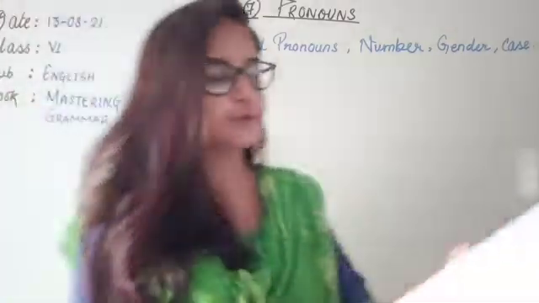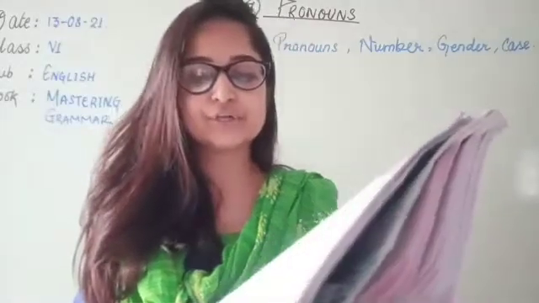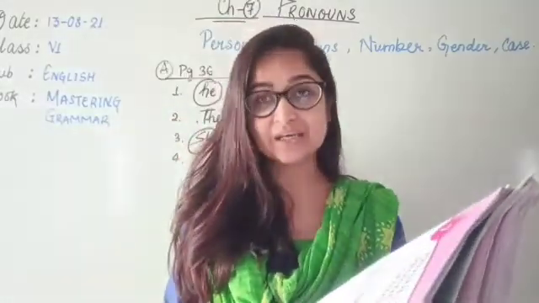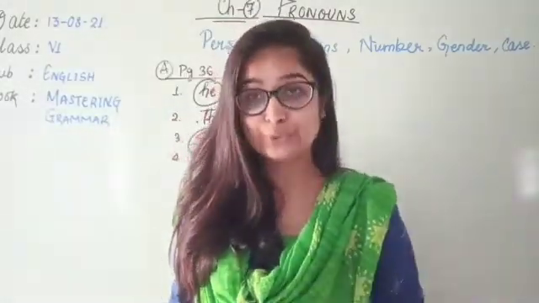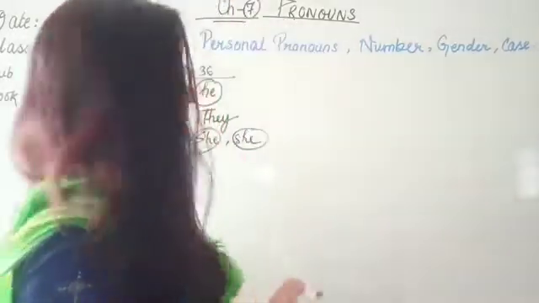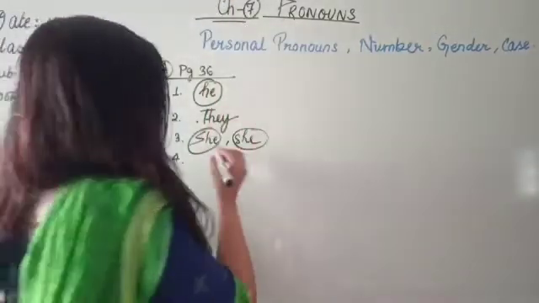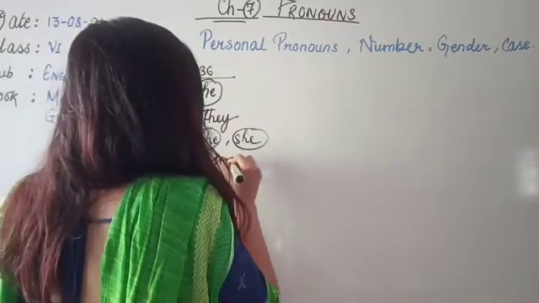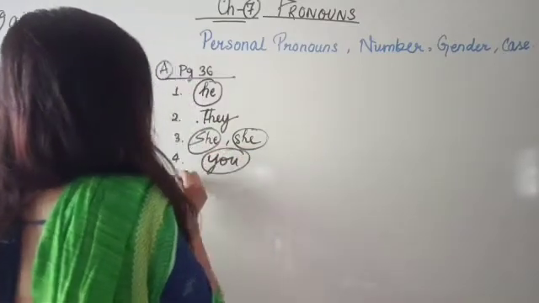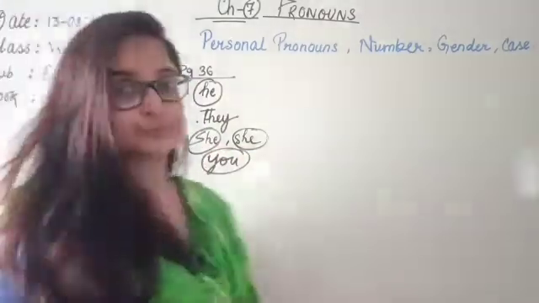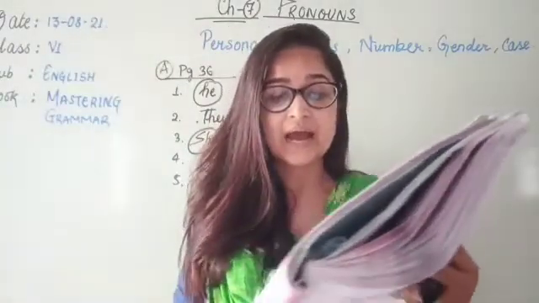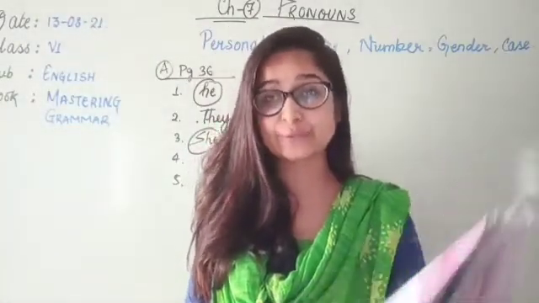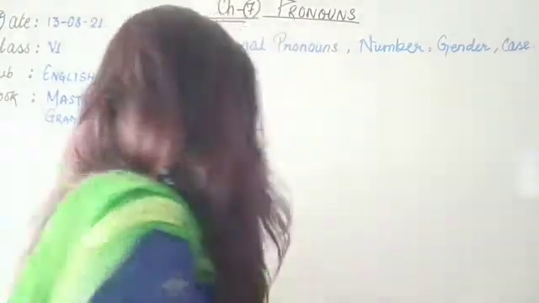Now number 4. Would you like to have some tea? Would you? So you, I have used this for a particular person. So you is my pronoun here. Number 5. I have lost the new mobile phone. Right?